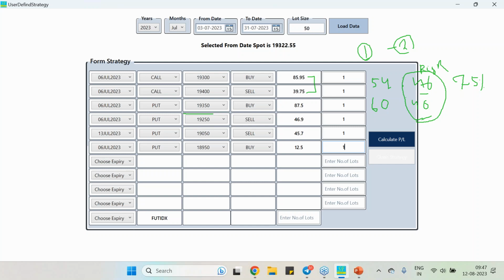By this process, try to understand this part very carefully. Here you have got 40 rupees as a risk, 60 rupees as a reward. Out of this 40 rupees, I want 75% of the risk to be taken out from the credit spread. So how much is that? 30 rupees I want, one fourth is left out.